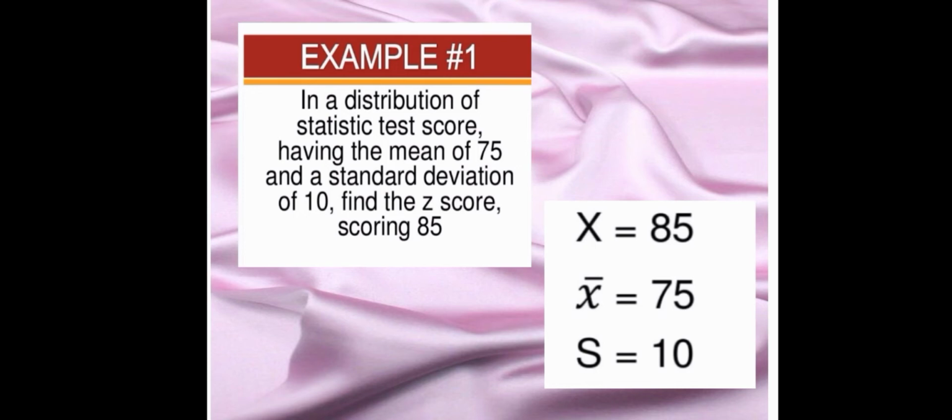So example number 1. In a distribution of statistics test scores having a mean of 75 and a standard deviation of 10, find the z-score of a score of 85.